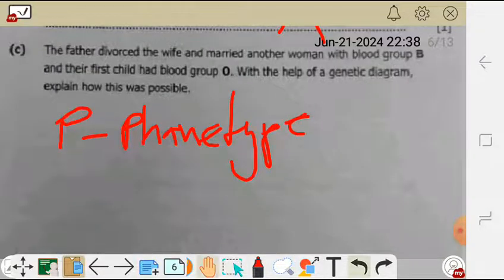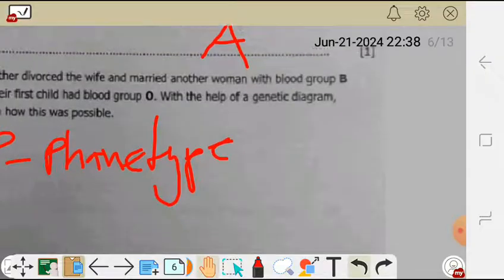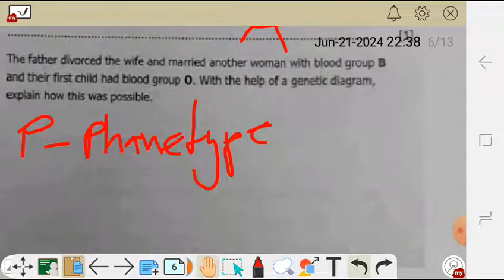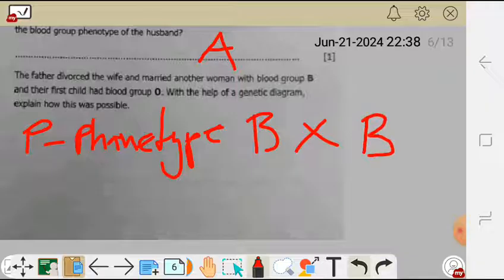We said the father had blood group B, crossed with the mother, the woman he married, of blood group B. Then we come to the second step where we write the parent genotype.